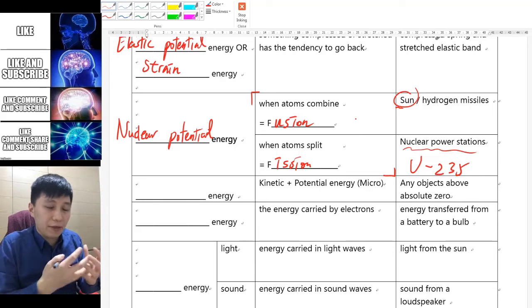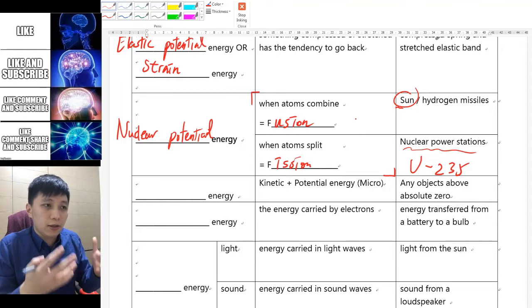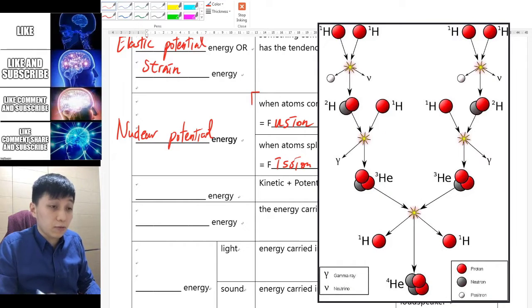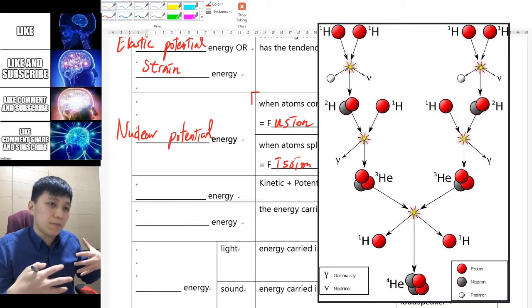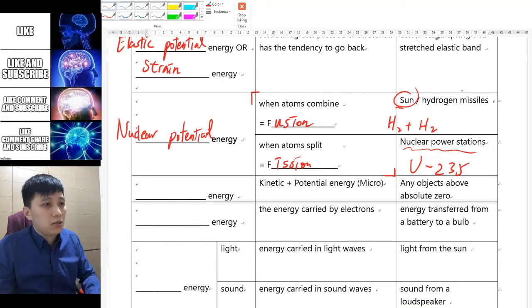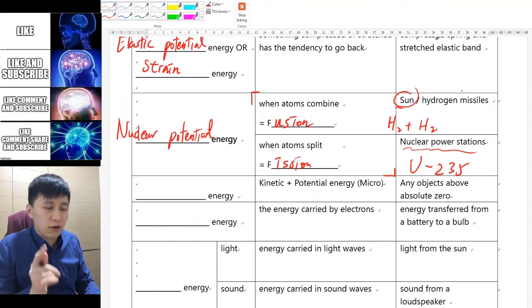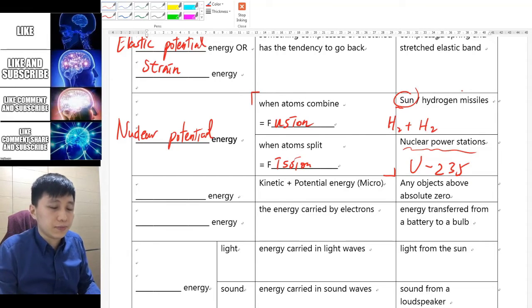When you combine things together, that's called fusion. And so for the sun, it's actually hydrogen fusing with hydrogen, and this is how it can provide you energy. So it's not burning the hydrogen, you have to be very careful. It's actually a nuclear reaction that combines the atoms.